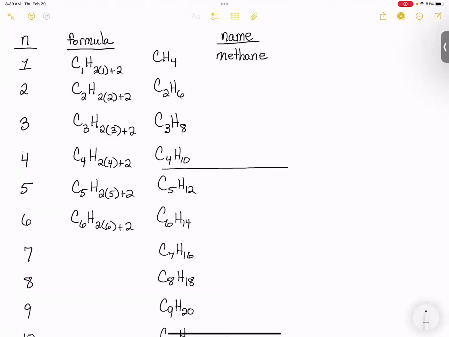Methane is a greenhouse gas that is given off by things like cow farts, to be blunt. The next one is ethane. C3H8 is the gas that is used in homes for heating. If you have gas heat, that is propane.